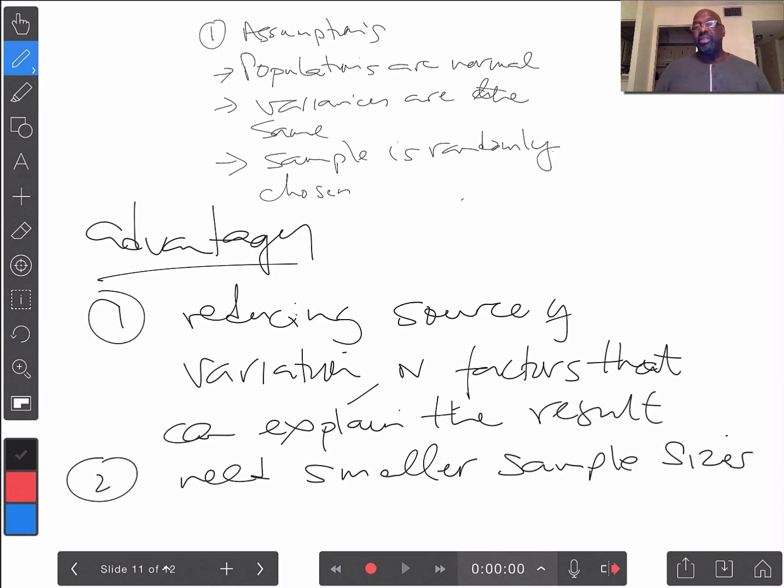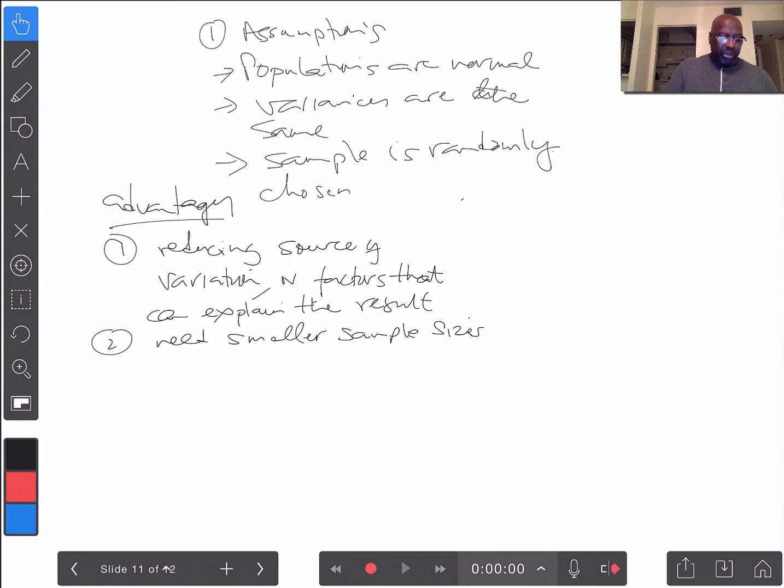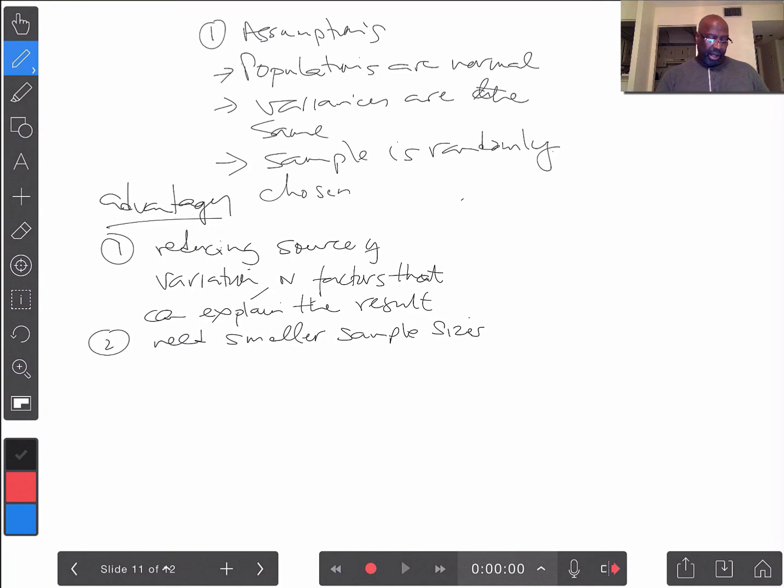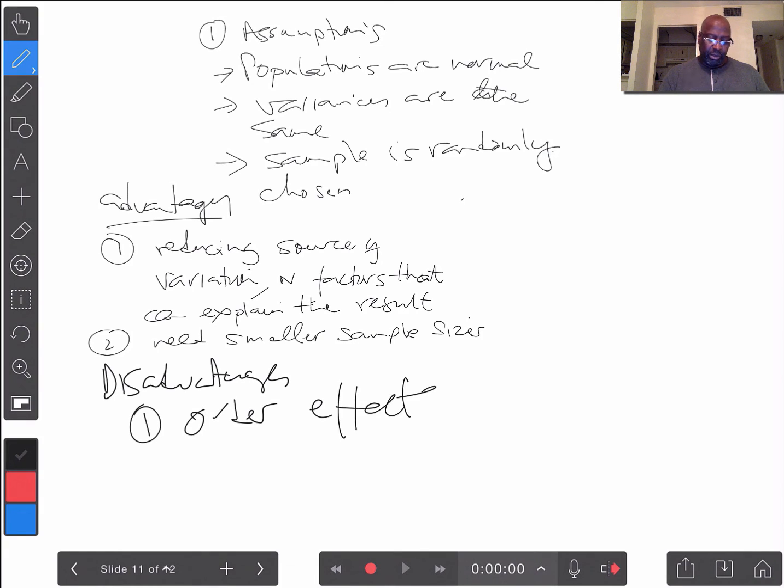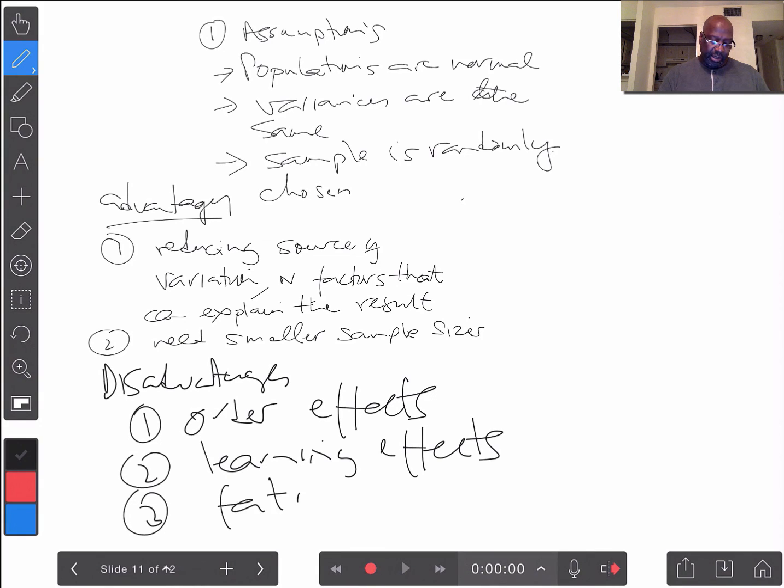There are some disadvantages, largely what we call order effects or learning effects. But in this case, I am not exactly sure that those 2 are actually at play. So disadvantages: one, order effects; 2, learning effects; 3, fatigue effects.